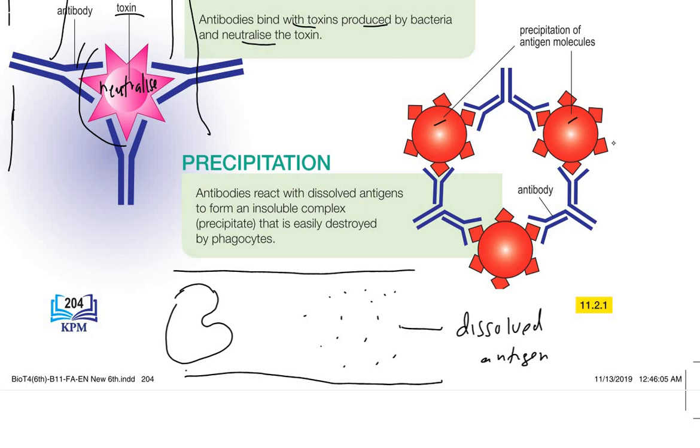So what happens? This is the action of antibody. The antibody will go to these antigens. It will react with the dissolved antigen to form an insoluble complex, so the dissolved antigens become precipitate, like particles. It is like if you just put sugar inside the water without dissolving it, you can see the sugar.